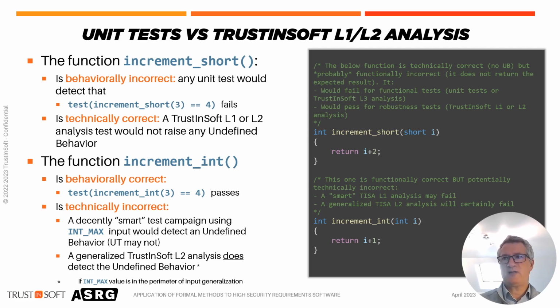So it's likely that the test will pass, but the TrustInSoft analyzer will complain that there's an undefined behavior in this implementation. In particular, in the case where I pass the largest integer as input, I will not be able to increment this value by 1 without causing an integer overflow. So you can see by those two simple examples the difference of approach of the two and how they are complementary, by the way.